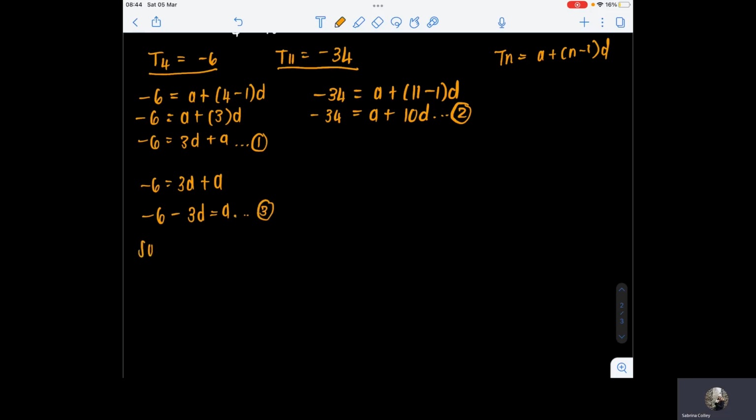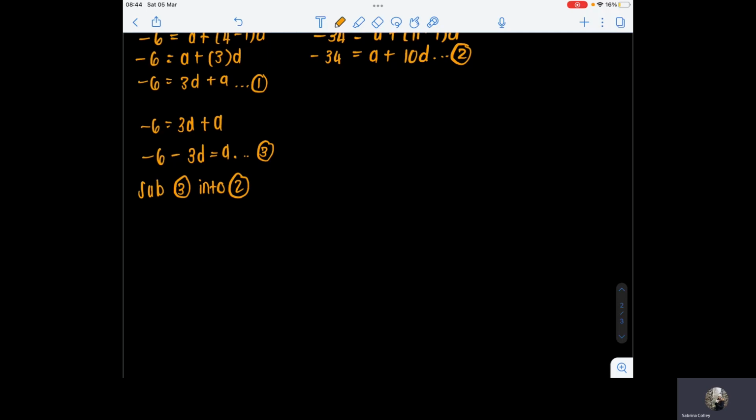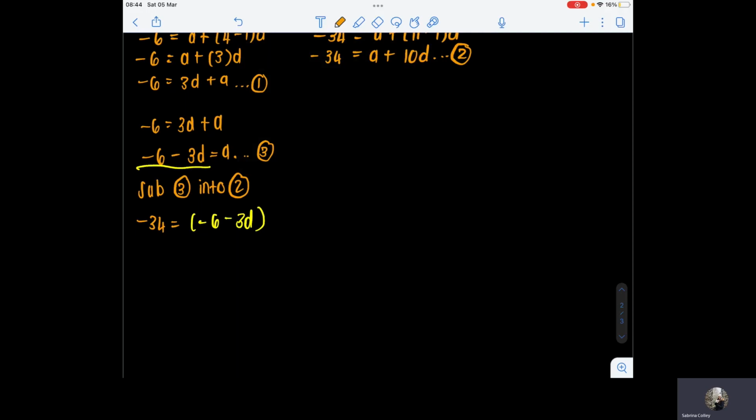Then I'm going to substitute 3 into 2, because I've used equation 1. So negative 34 equals, instead of a, negative 6 minus 3d, and then I've still got the rest of the equation, which is plus 10d.